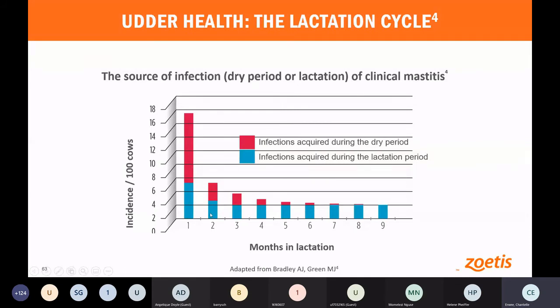And you'll see that the red bar, especially for your first 3 months in lactation, are actually clinical mastitis cases that were acquired in the dry period. So even though they are actually presenting now in these first 3 months, and I mean, there are red bars up to 8 months in lactation, even though small, but these red bars were intramammary infections that were acquired in the dry period.